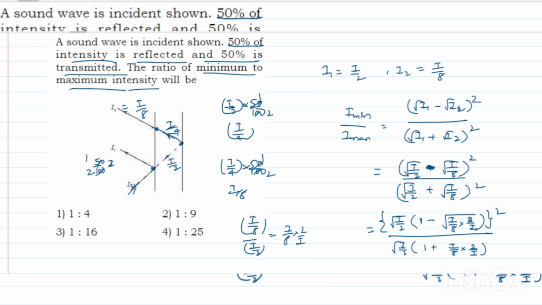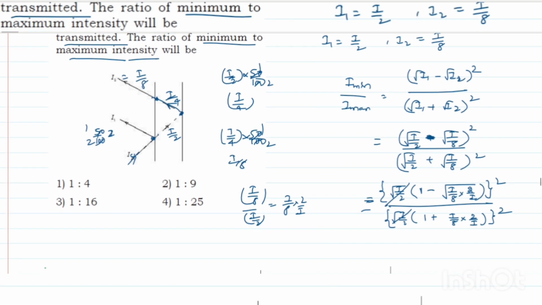So root I by 2 and root I by 2 get cancelled in both numerator and denominator. Now here I and I get cancelled, and 2 over 8 gives 1 by 4, so the square root of 1 by 4 is 1 by 2. So it's (1 minus 1 by 2) whole square by, in the denominator, in the same way, (1 plus 1 by 2) whole square.